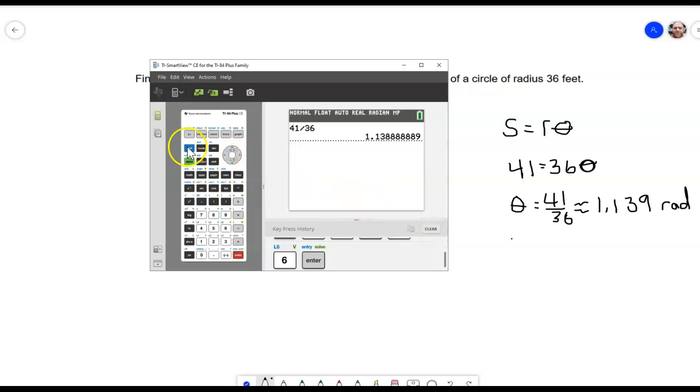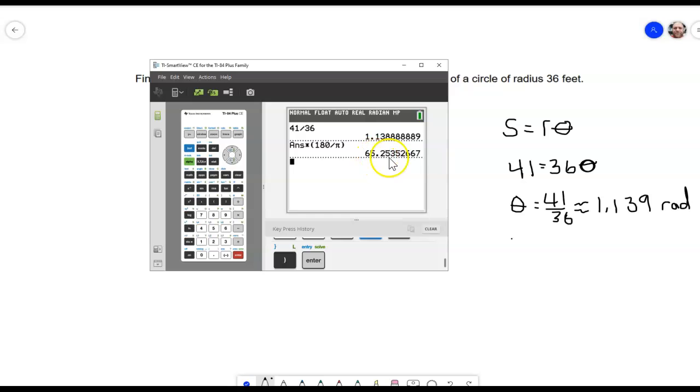I can just do it in here: times, in parentheses, 180 divided by pi. I leave it in there so I can use all those decimal places and get a nice accurate answer, and I will round that to 3 decimal places as well.